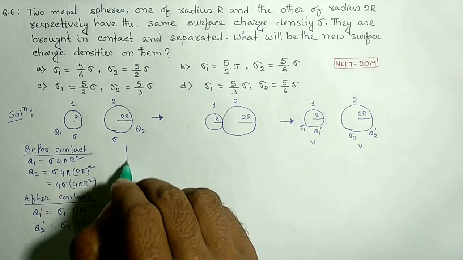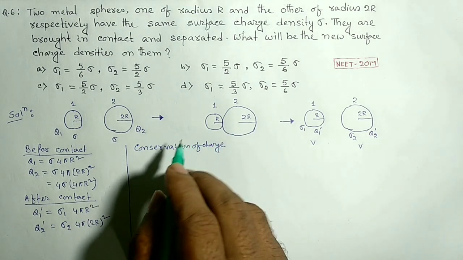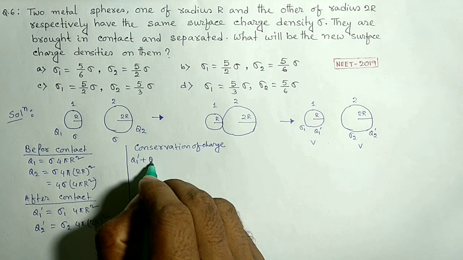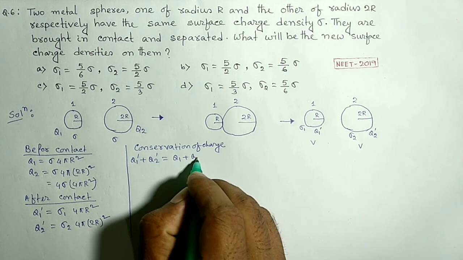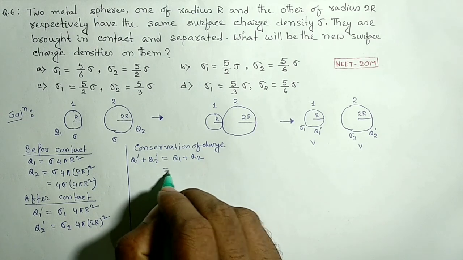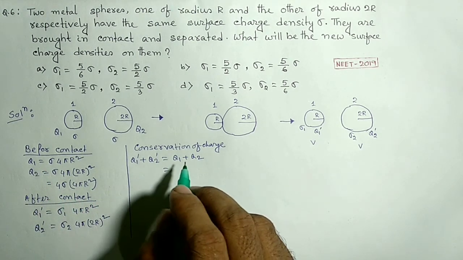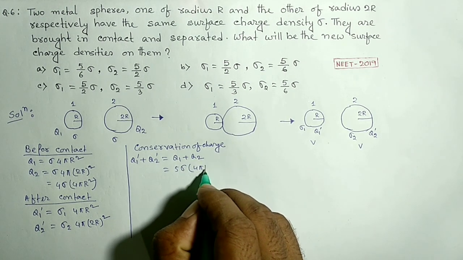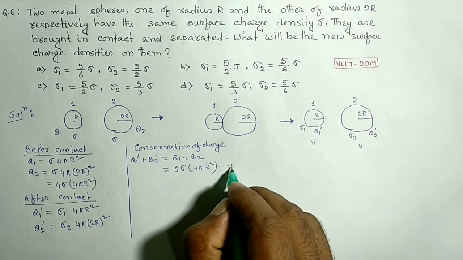Due to conservation of charge, we can write Q1 dash plus Q2 dash equals Q1 plus Q2. Now putting the values of Q1 and Q2 from here, we get 5 sigma 4 pi r square, and we call it equation number 1.